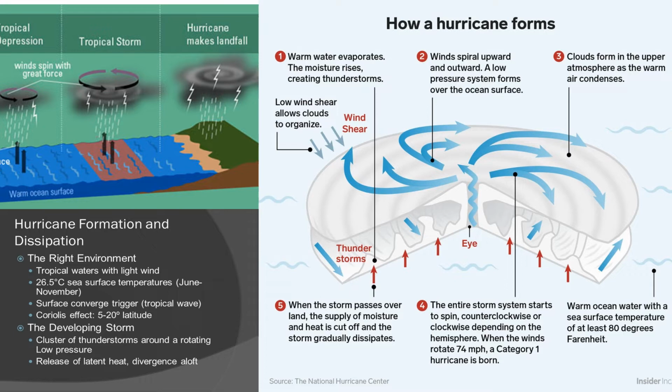For a mass of unorganized thunderstorms to develop into a hurricane, the surface wind must converge. In the Northern Hemisphere, converging air spins counterclockwise about an area of surface low pressure. This type of rotation will not develop on the equator, where the Coriolis force is zero.